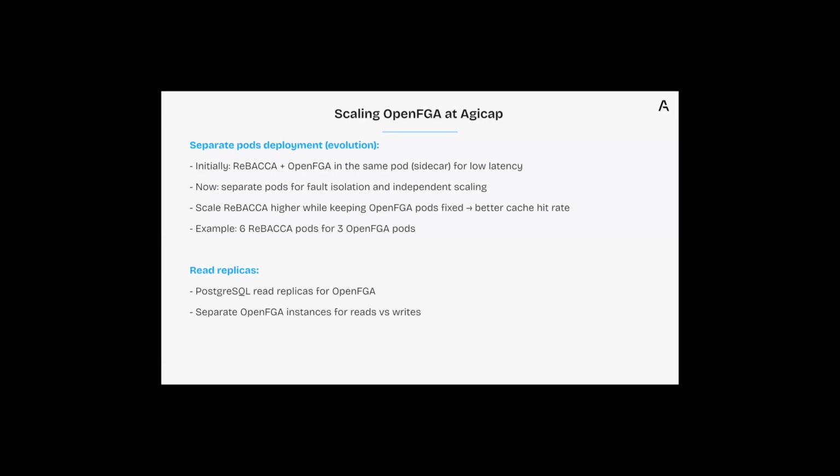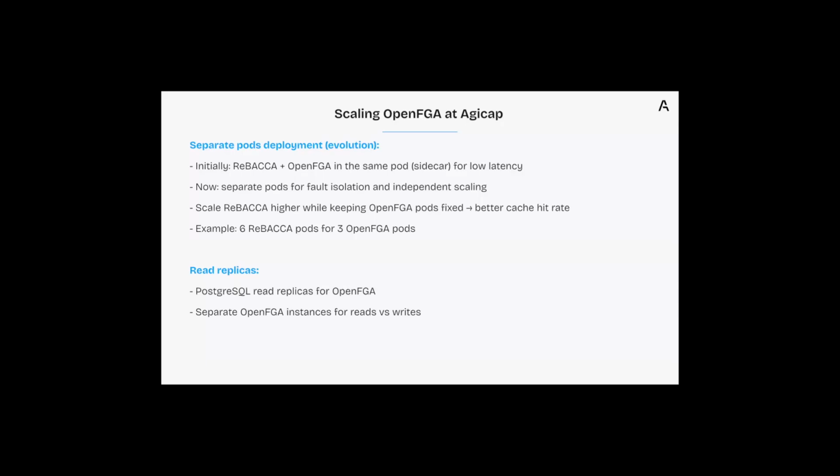Scaling has evolved a lot over time. We started with Rebecca and OpenFGA in the same pod as a sidecar for minimal latency. But we found that if OpenFGA crashed, it took down Rebecca too, and vice versa.